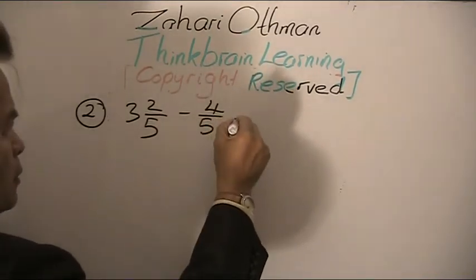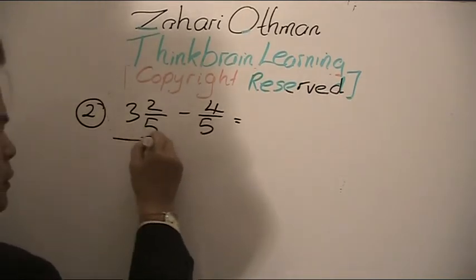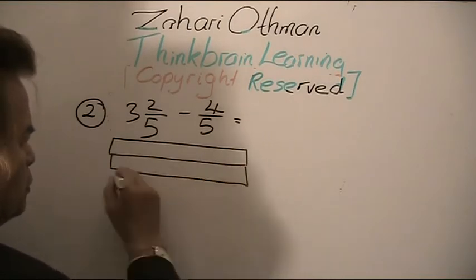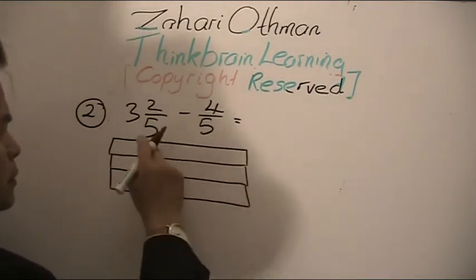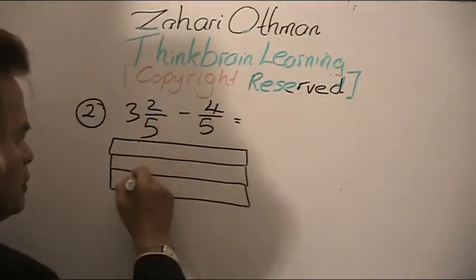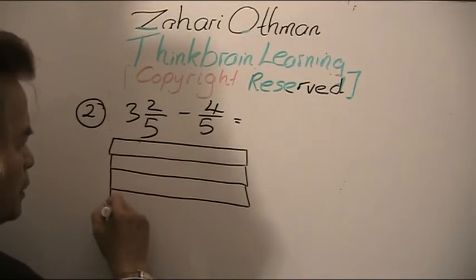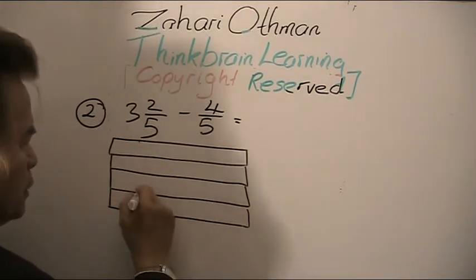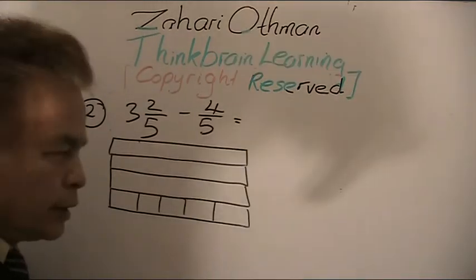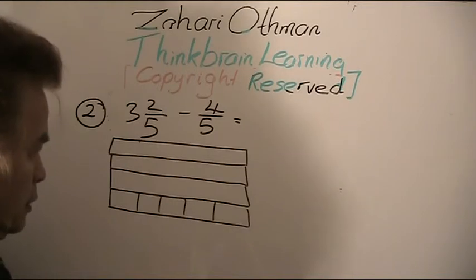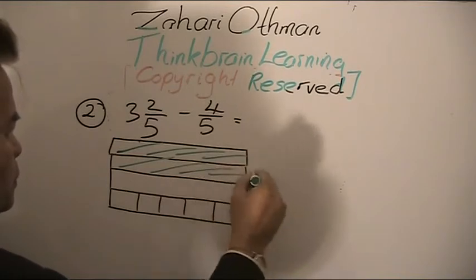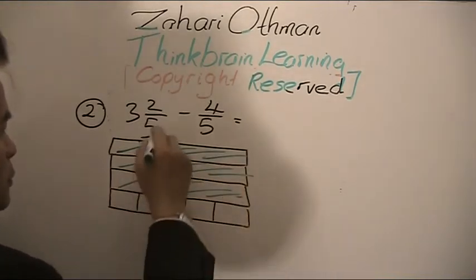Okay, so you have 3 objects, and you divide each into 5 parts: 1 2 3 4 5 parts, equal parts. Now to show you this, 2 over 5.